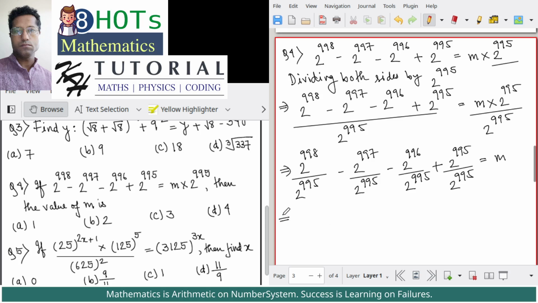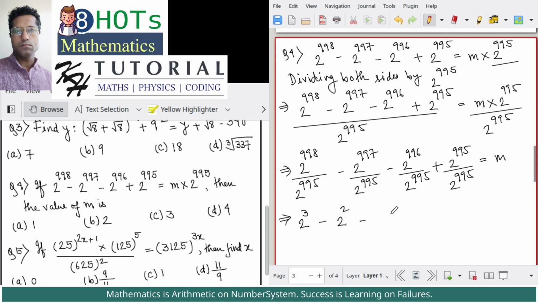Okay, now if you simplify, it's very easy. The first term of the left hand side is 2 to the power 998 minus 995, which is 3, minus 2 to the power 997 minus 995, which is 2, so 2 square.